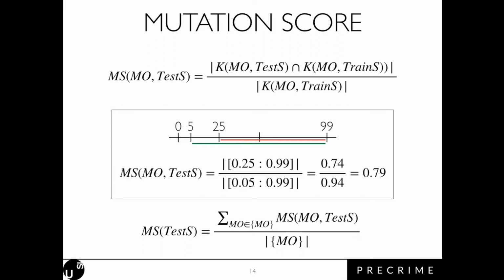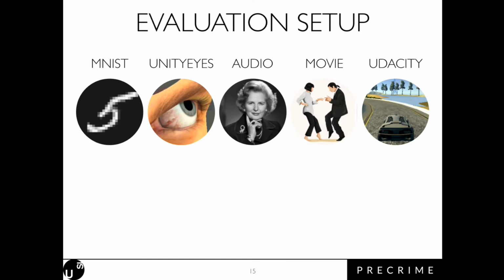Then once we had built our framework and developed the tool and the operators, we needed to evaluate them. For this, we collected a benchmark of 5 different subjects, and we wanted the subjects to cover different areas of application. We have a subject based on the MNIST dataset, for handwritten digit classification.